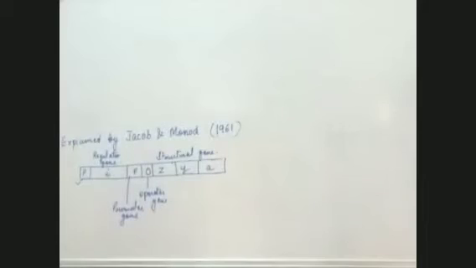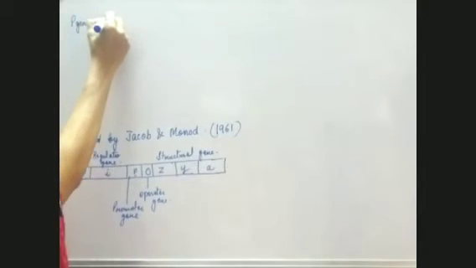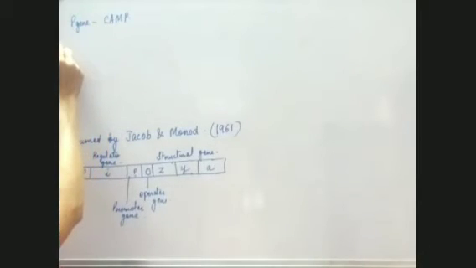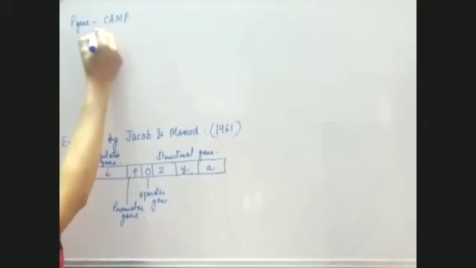So now what happens is that the promoter gene binds with cyclic adenosine monophosphate, cAMP, and it also binds with RNA polymerase.